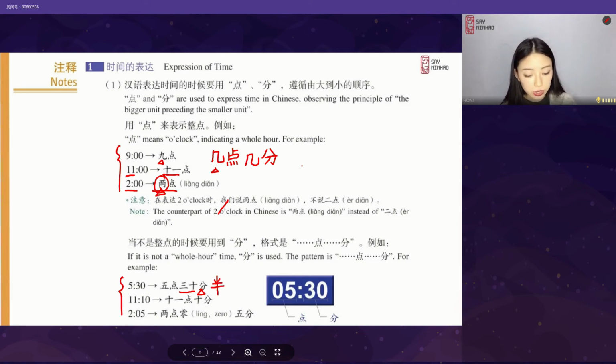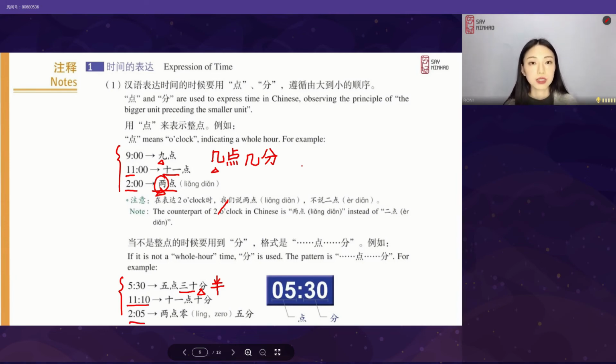So you can also say 5点半. And for 半 don't put 分 after it, okay? 5点半 or 5点30分. Next one is 11:10. That is 11点10分.